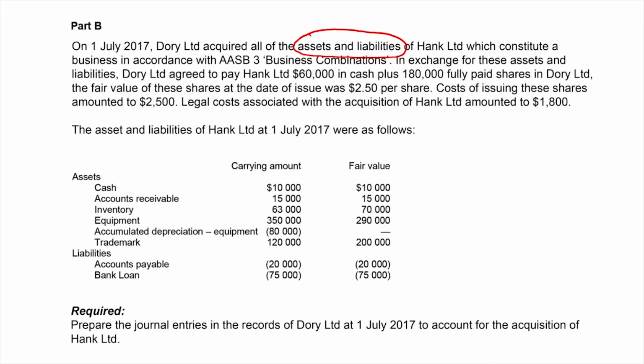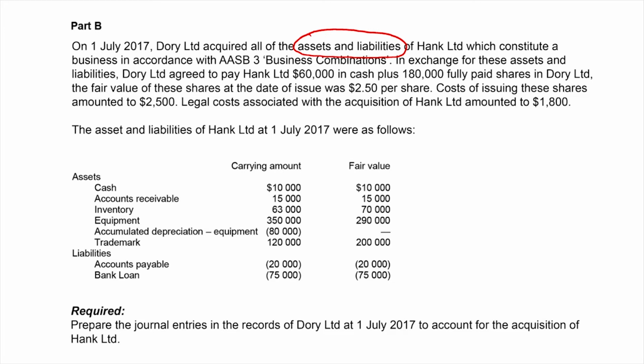Assets and liabilities. So this is an acquisition of business. This is an acquisition of assets and liabilities. So in our journals later on, as you recall, we are going to recognize every single individual assets and liabilities. And also, in your acquisition analysis, you need to calculate goodwill or bargain purchase gain.